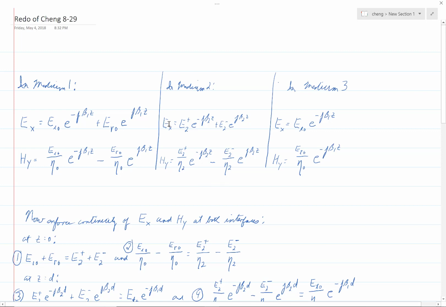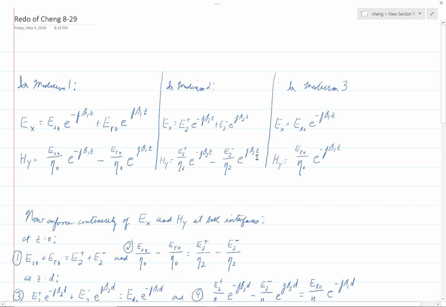So in region 2, this first part is the electric field of the positive traveling wave in region 2. This is the electric field of the negative traveling wave in region 2. Here's the magnetic field of the positive traveling wave in region 2, and the magnetic field of the negative traveling wave in region 2.